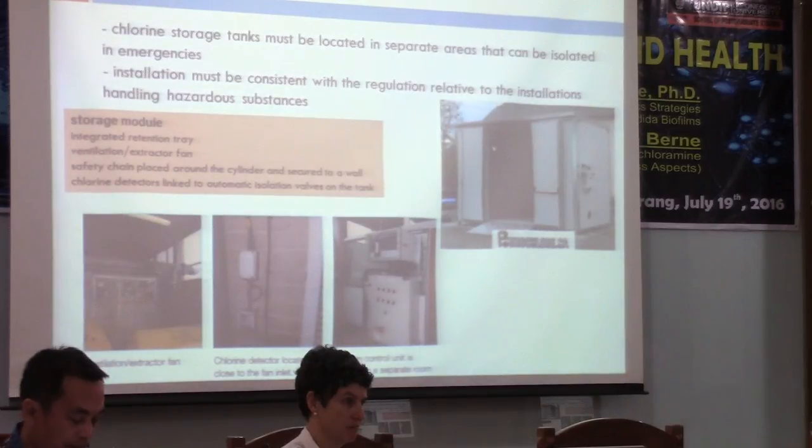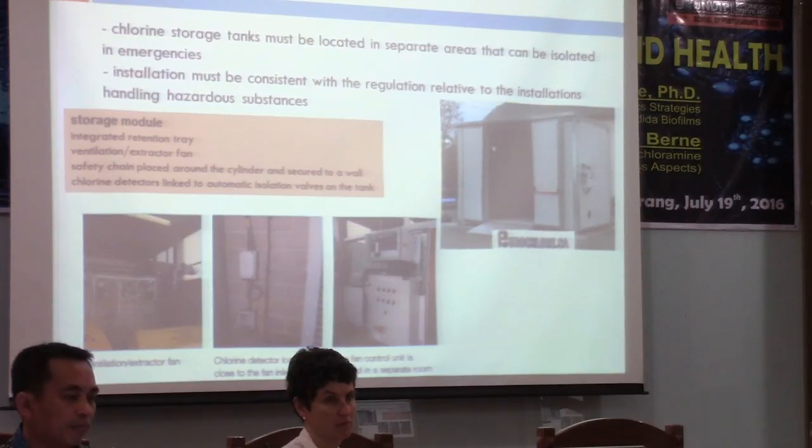Because chlorine is hazardous, you have to store it in a specific room, generally outside the main plant, with a system of extractor fans, for example ventilation, and with different alarms if you have a leakage of chlorine, to stop the supply of chlorine.